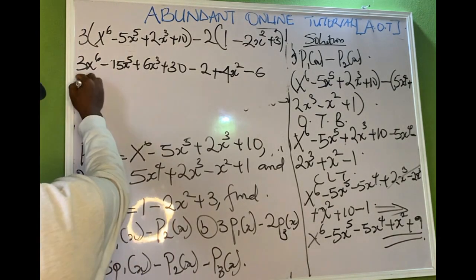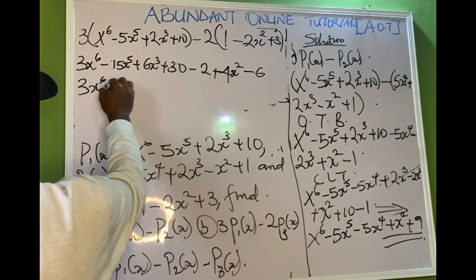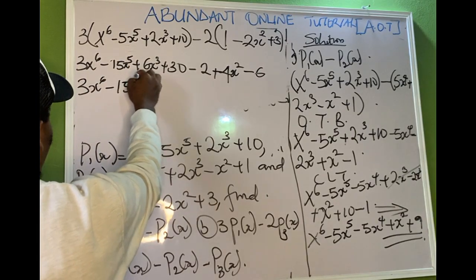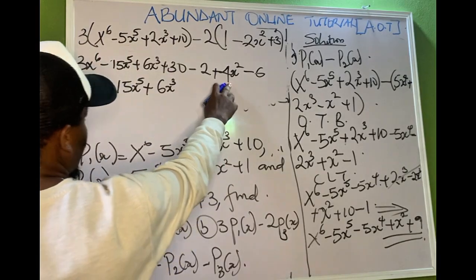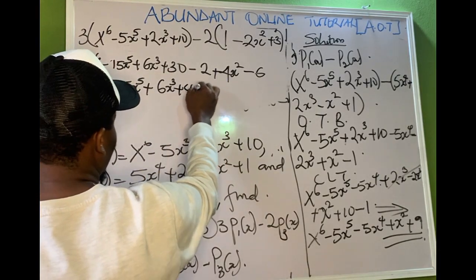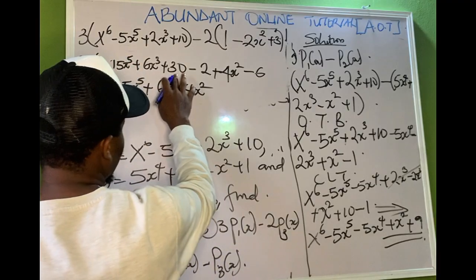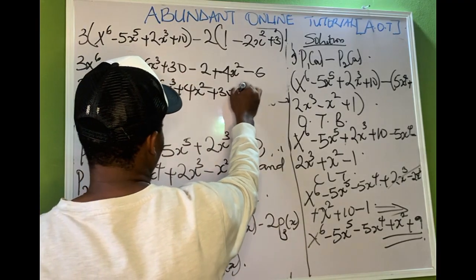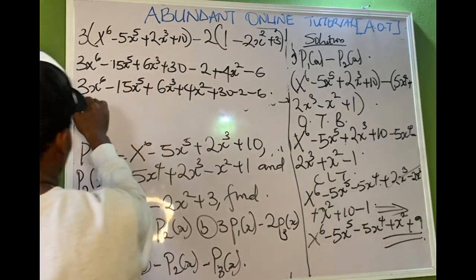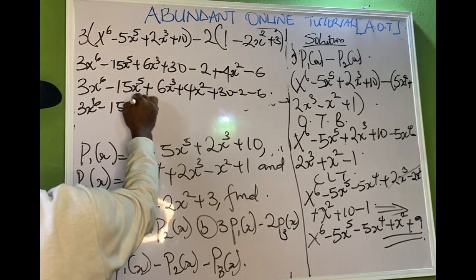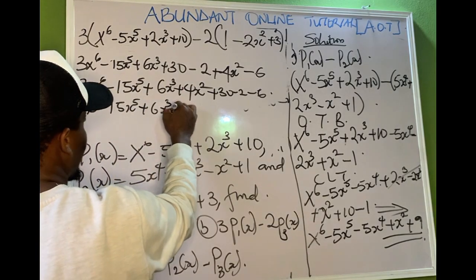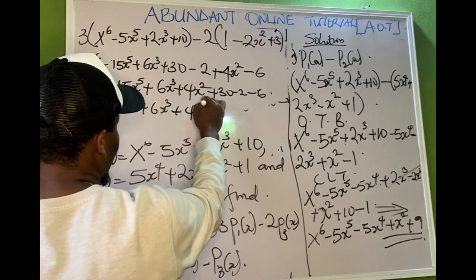If you look at this, I have 3x^6 minus 15x^5 plus 6x cubed. There's nothing else, then plus 4x squared, then plus 30 minus 2 minus 6, and that will give me 2x^6 minus 15x^5 plus 6x cubed, plus 4x squared.